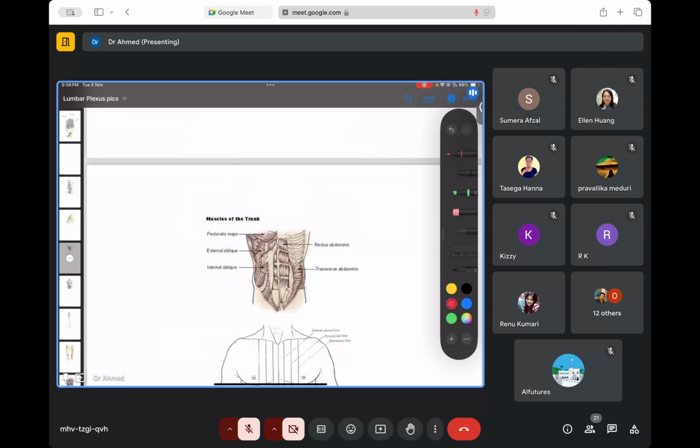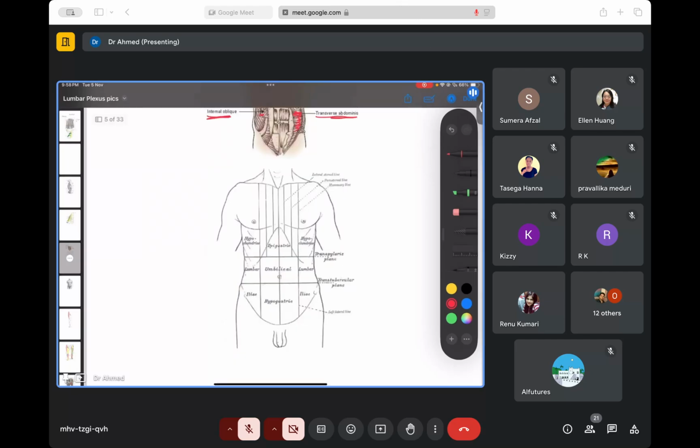The motor innervation basically supplies the transverse abdominis muscle and your internal oblique. You also have a sensory supply of the iliohypogastric nerve. As the name indicates, it's going to supply the hypogastrium. And you guys know what's the hypogastrium? It's just the region below your umbilicus and above your pubic bone. So it's going to give the sensory supply to your hypogastric region, right?